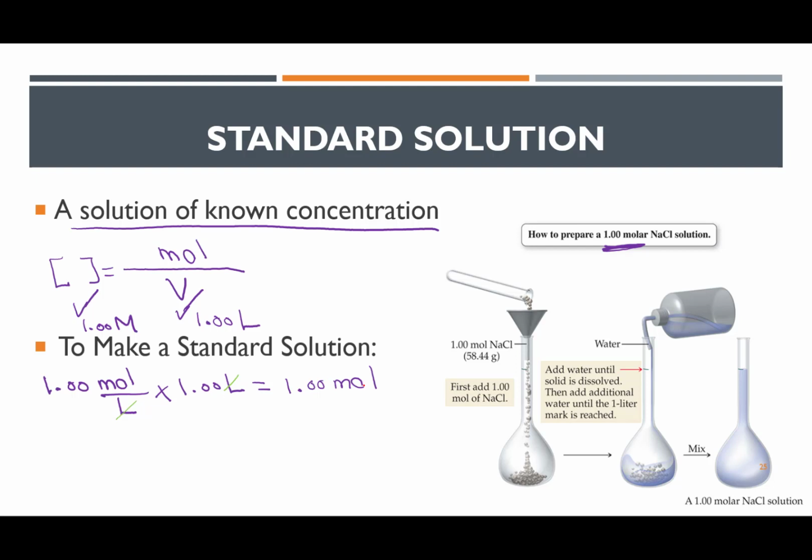Now once you know the mole, you need to convert it to mass. You know the molar mass of sodium chloride, which is 58.44 gram per mole. Then I'm going to convert the mole to mass. 1 mole of sodium chloride for this example is 58.44 gram.